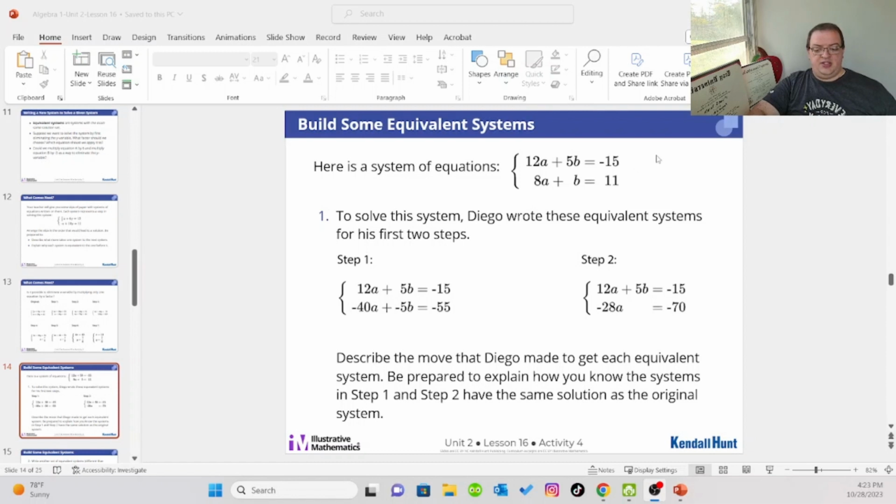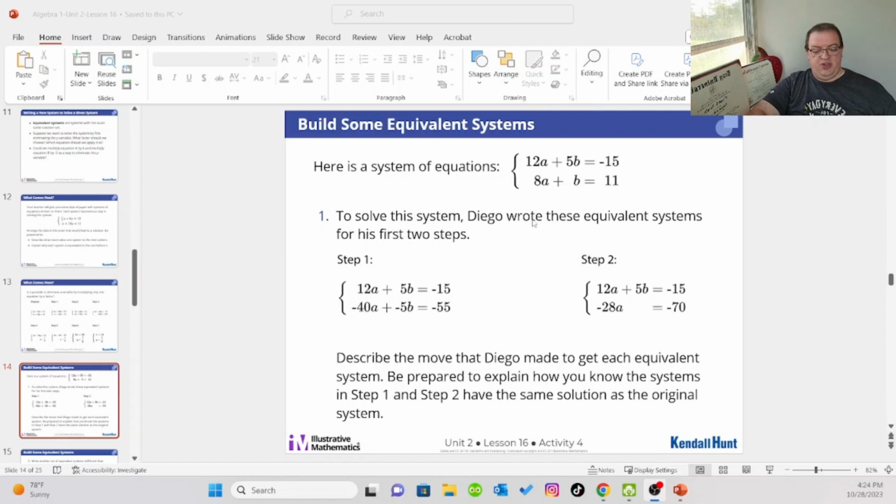So now they say, here is a system of equations. To solve this system, Diego wrote these equivalent systems for his first two steps. So we have step 1. We can see that 8a is now negative 40a.